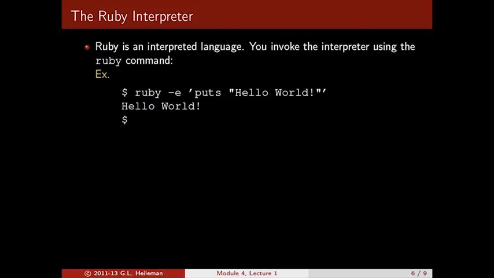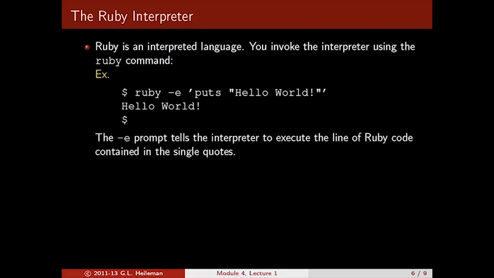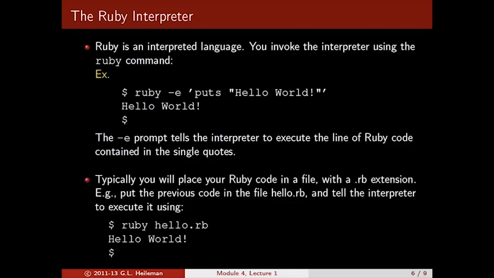So here, this puts a string to the terminal. If I say puts 'hello world' in single quotes and the string itself is in double quotes, it will print out hello world and then return me to the command line prompt. So this I'm just executing from my operating system prompt. This -e again tells the interpreter to execute the line of Ruby code that follows.